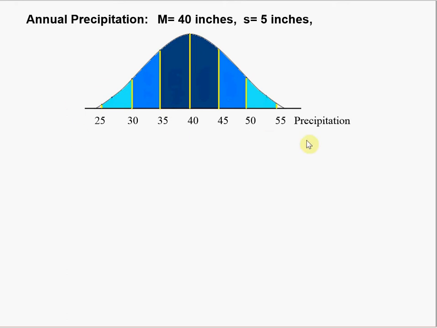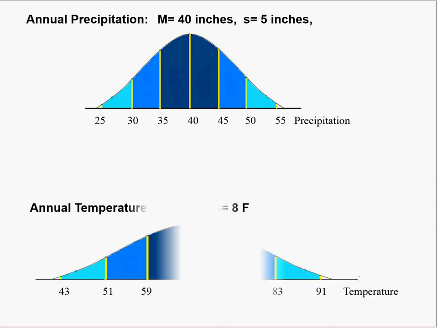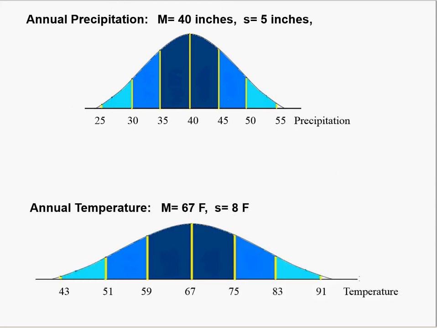So this is one specific normal distribution for the place. Then also for the same place, we know that in the last 60 years, the annual temperature also conforms to a normal distribution. The mean is 67 degrees Fahrenheit, and the standard deviation is 8 degrees Fahrenheit.